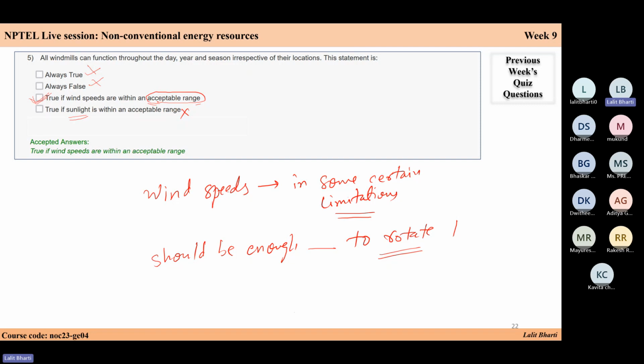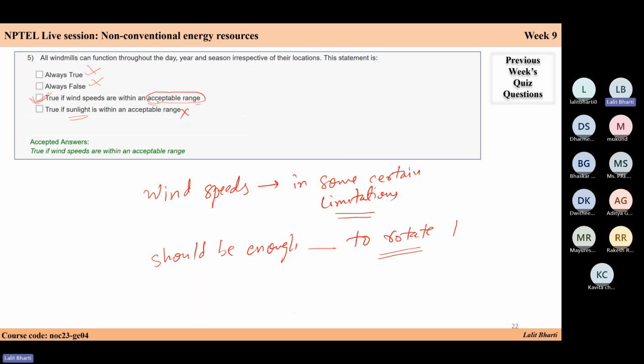If your winds are high, your windmill will function with high efficiency. But if you don't get proper wind currents in your location, your blades will not rotate and your windmill will not generate enough energy.